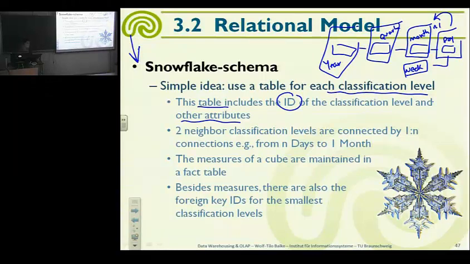And now, since we have this one-to-one mapping for the classification hierarchy, the fact table doesn't need to hold these dimensions, but rather the fact table holds only the measures, which was the revenue, for instance. And you need to connect, of course, the fact table with these dimensions. And so the fact table will have these foreign keys, which connect it to the different dimensions that we have.